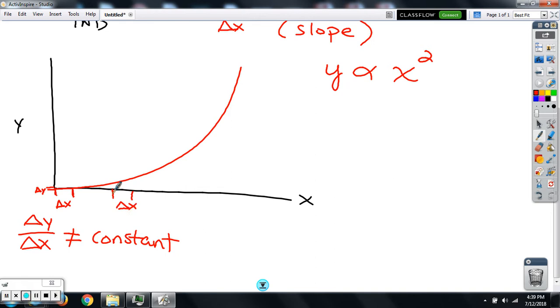Now if you look at the change in y now, clearly has increased. The space between these two lines is greater than it was before. So now if I did delta y over delta x, since this number is bigger than it was before, this ratio would be larger.